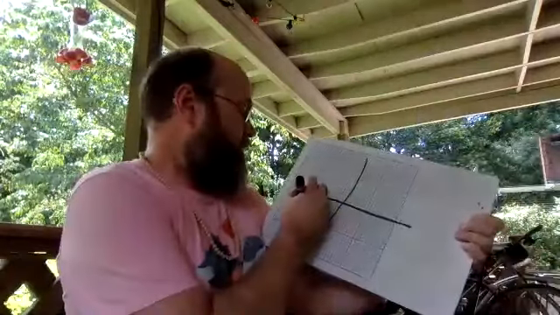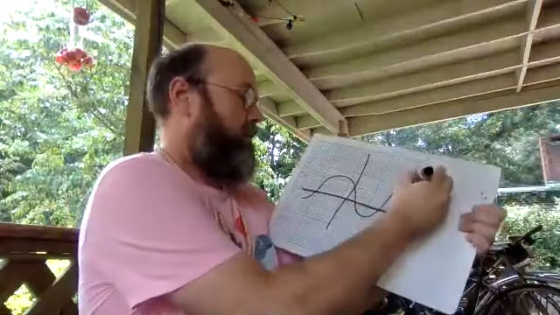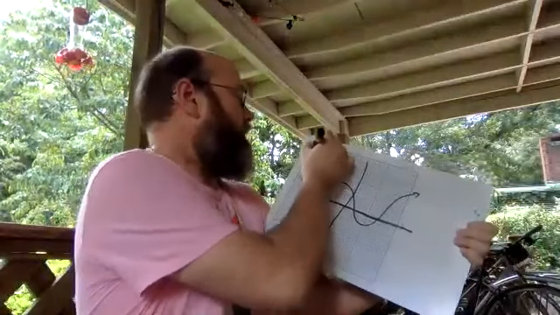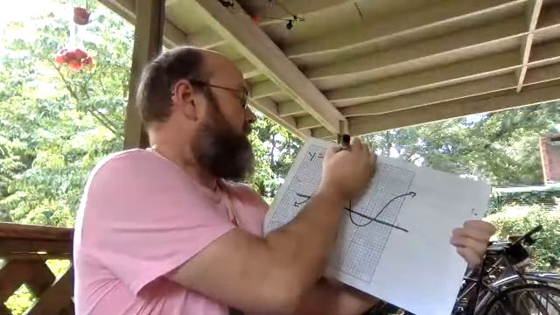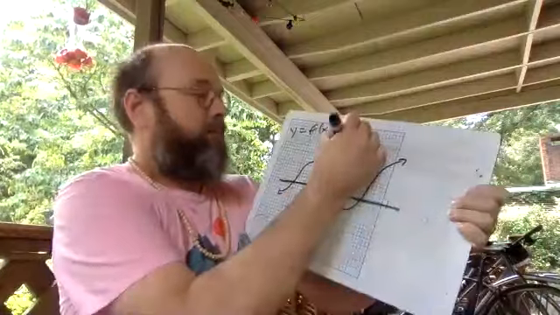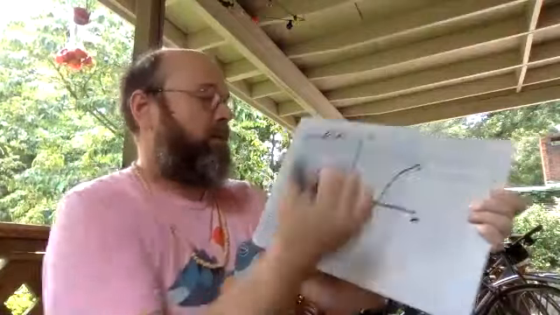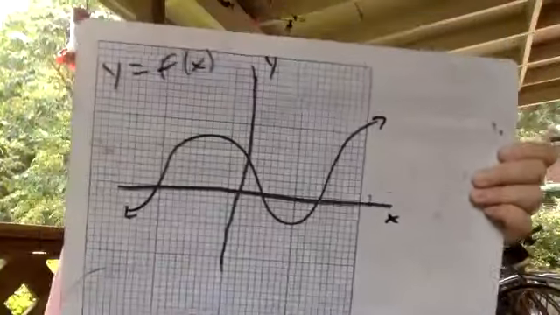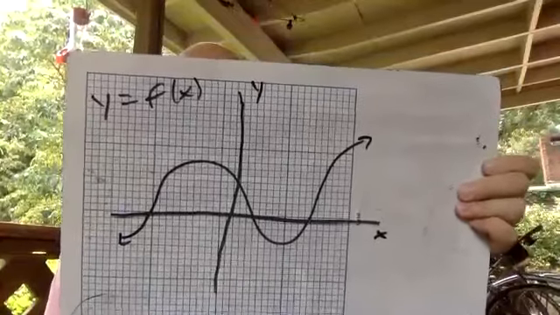But for a general function, y equals f of x, how are you going to find these peaks and troughs?